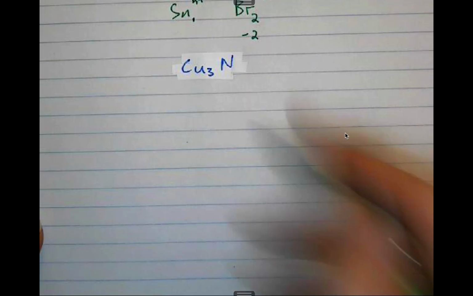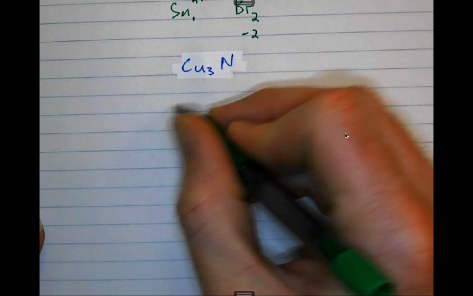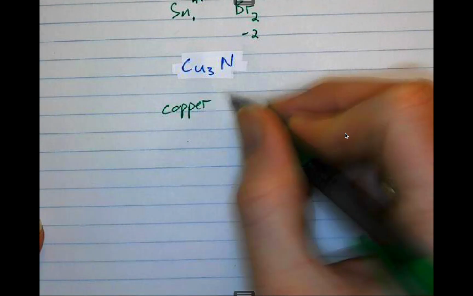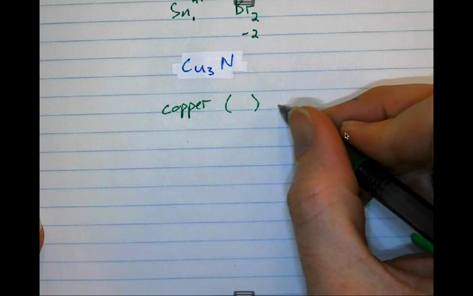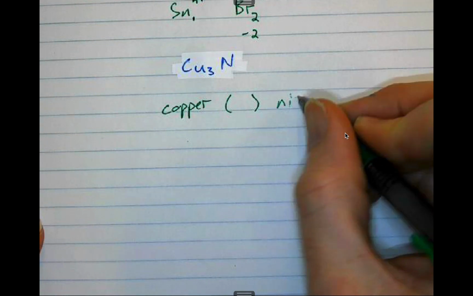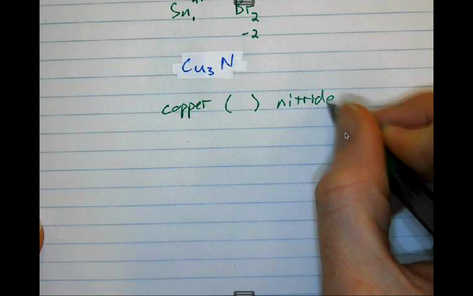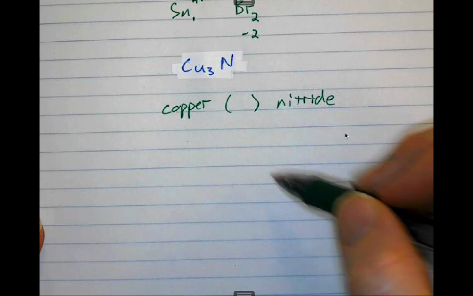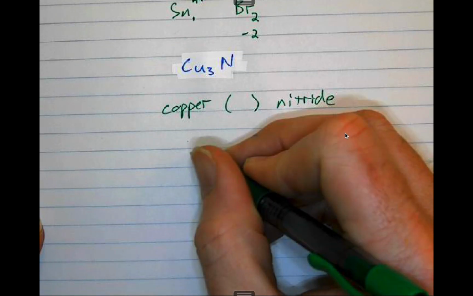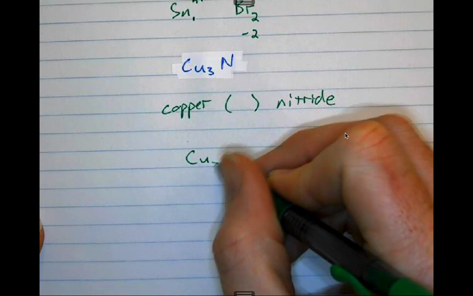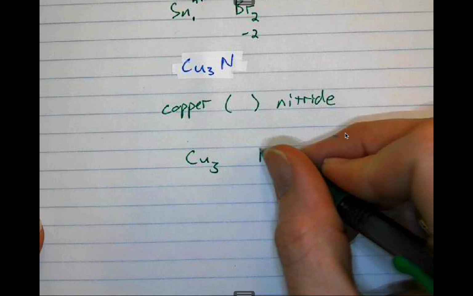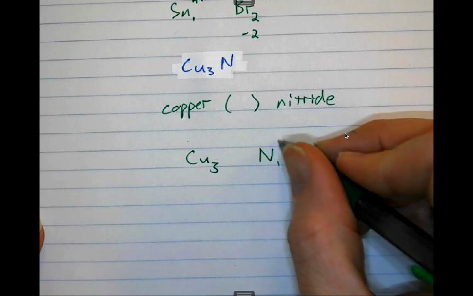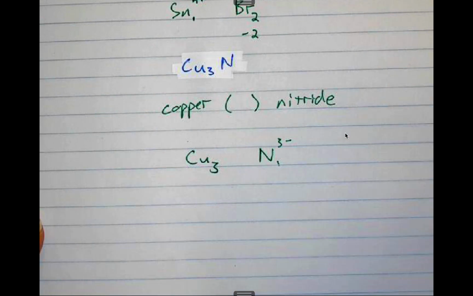And now Cu3N. We have copper, parentheses, nitride. So now copper is Cu, and we had 3 of them, and then we have nitrogen, and we only had 1 of them. So nitrogen is a 3 minus charge.